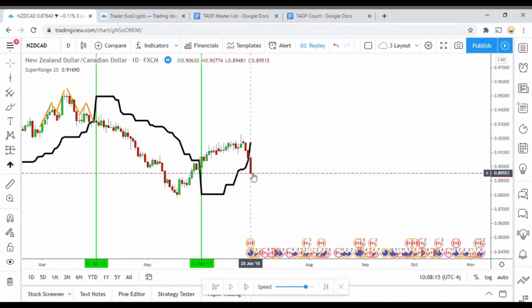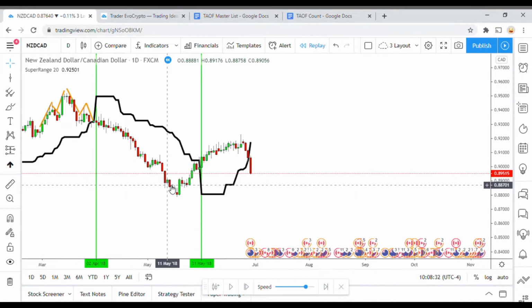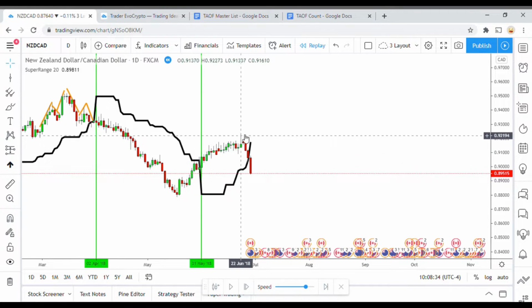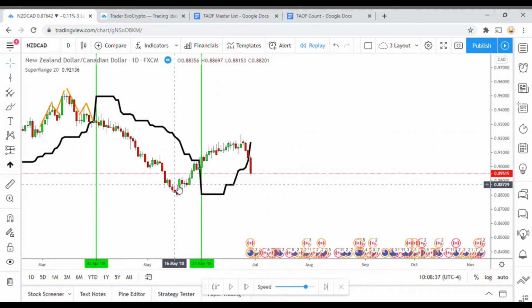breaking the indicator here. And so here's an example where we get a break of the indicator, but we didn't necessarily get the rest of the conditions that we may have set for this trade to be a valid trade, right?